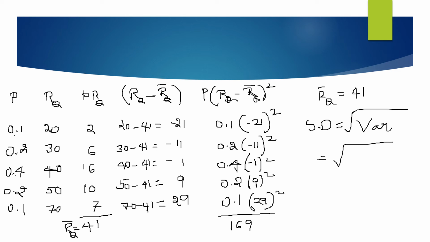What we have got is 169. That is equal to root of 169, which is 13. So like this we have calculated the first step, whatever they have given: calculate the expected return and standard deviation of each of the following stocks P and Q. So the first part we have completed, that is calculating the expected return and standard deviation separately for stocks P and Q.